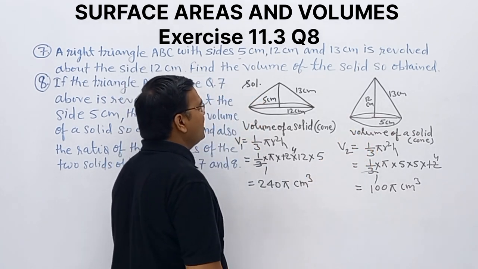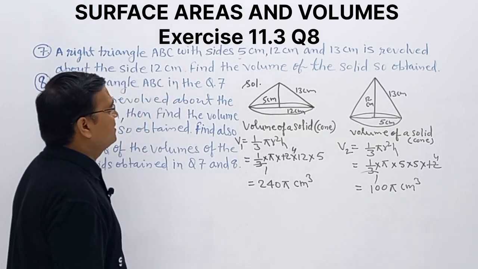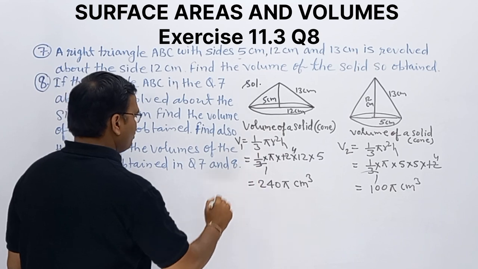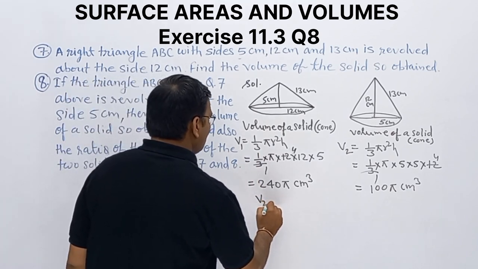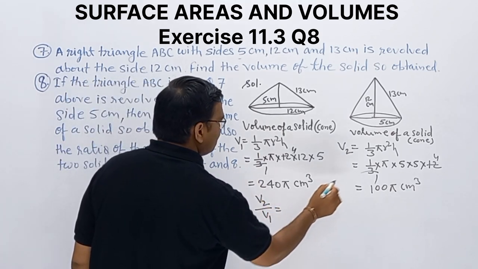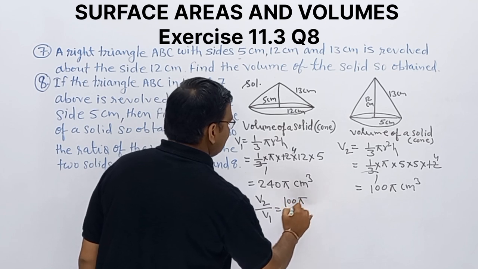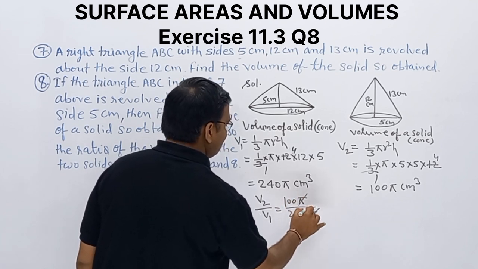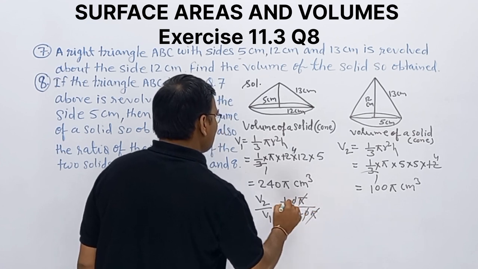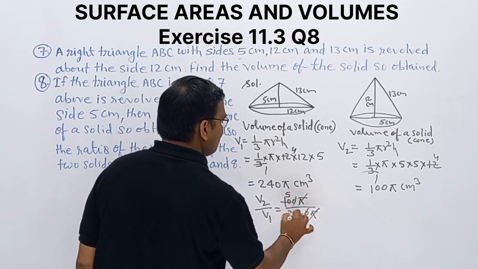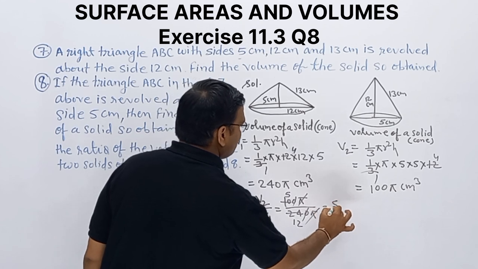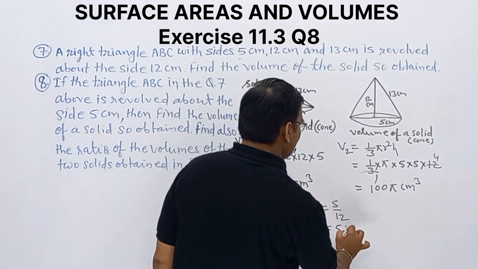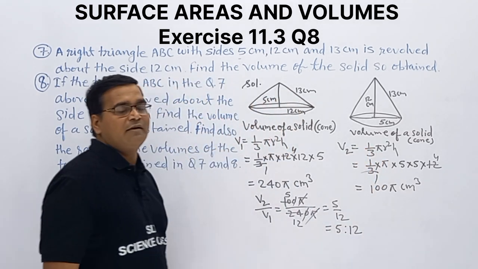The ratio of 7 to 8 will be V2 upon V1, which is 100 pi divided by 240 pi. Pi cancels pi, 0 cancels 0, 5 times it goes and 12 times it goes. So 5 upon 12. Finally the required ratio is 5:12.